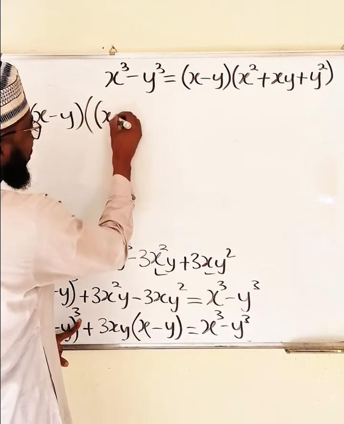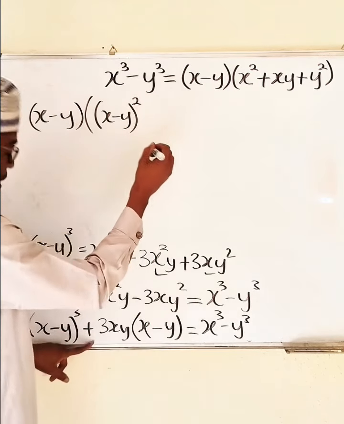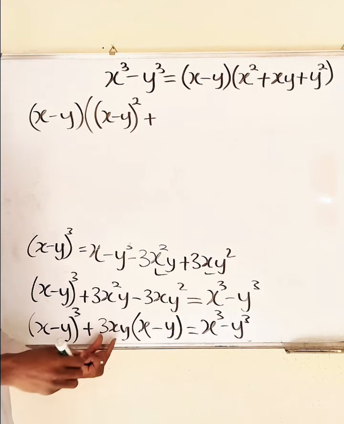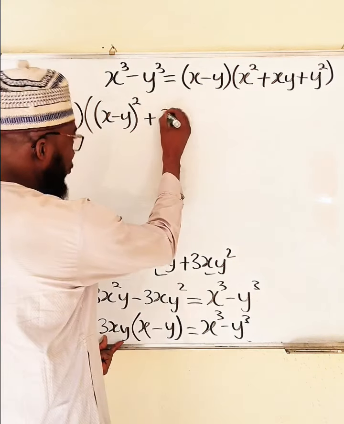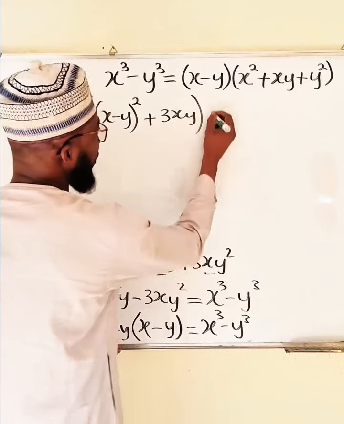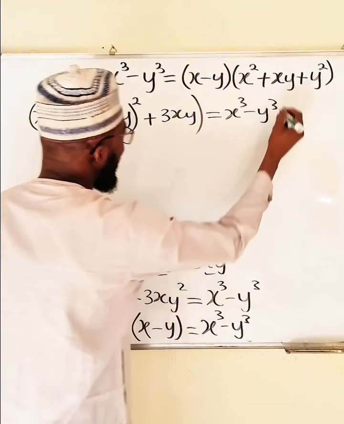So we have x minus y to that second power. Then plus, this is outside already, so we have only this quantity, 3xy. Then we close. This remains x cubed minus y cubed.